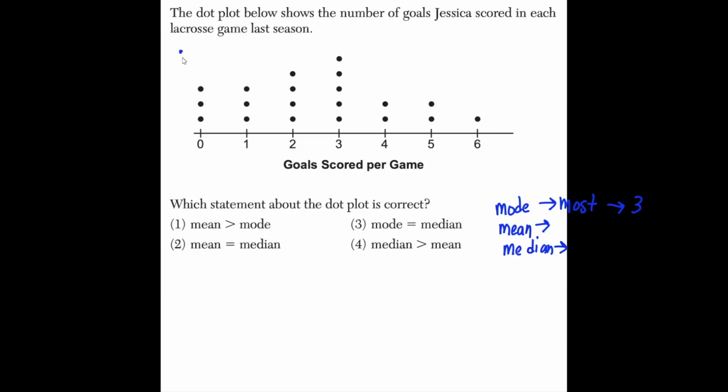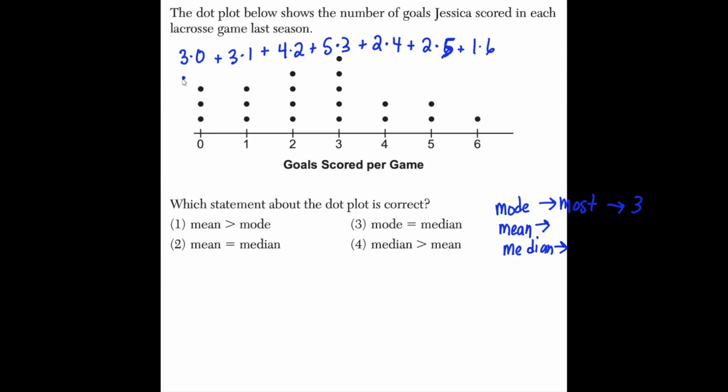So it's going to look like 3 multiplied by 0, plus she's got 3 games where she scored a 1, plus she's got 4 games where she scored a 2. She's got 5 games where she scored 3 goals. She's got 2 games where she scored 4 goals, and so on. I've got 2 times 5, and then lastly, 1 times 6 here.